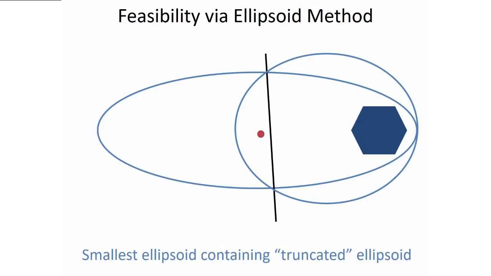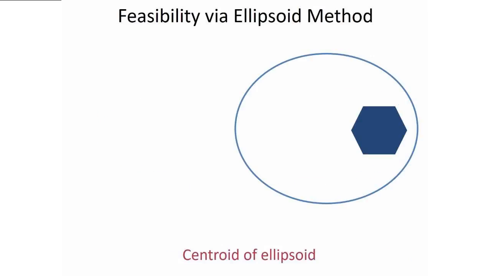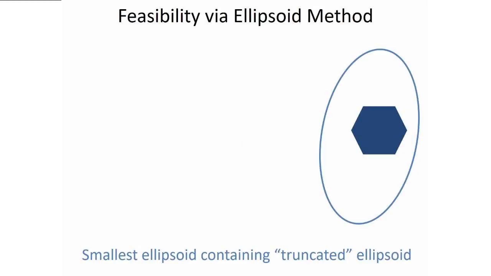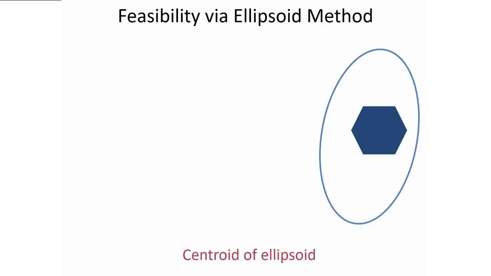So for the second step, we keep applying it. We find an ellipsoid containing the remaining feasible region. And center again, separating hyperplane, the new circumscribed ellipsoid. Again, here we're lucky, we just find something in our set in a few iterations.